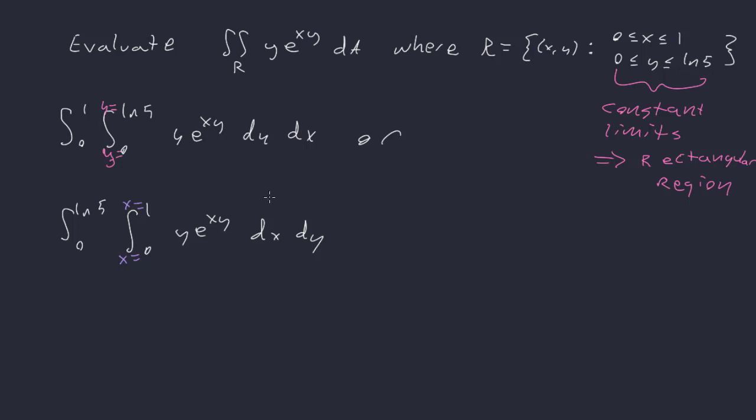Well, how do I know that? If I try to integrate this first with respect to y, I have a y on the outside and a y on the inside. Doing this and treating the x like a constant, this is going to be integration by parts.